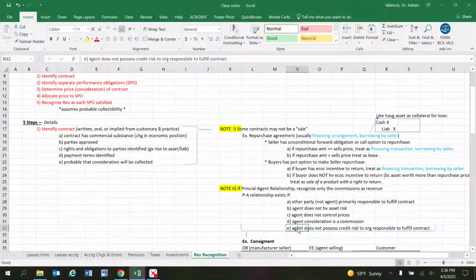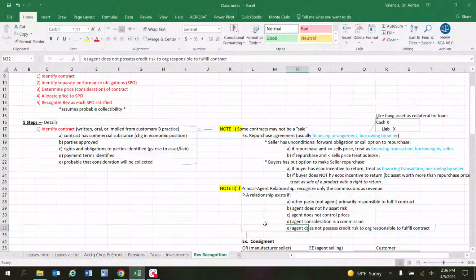Whoever is supposed to pay the seller, the agent is not assuming that responsibility or that risk of non-payment.